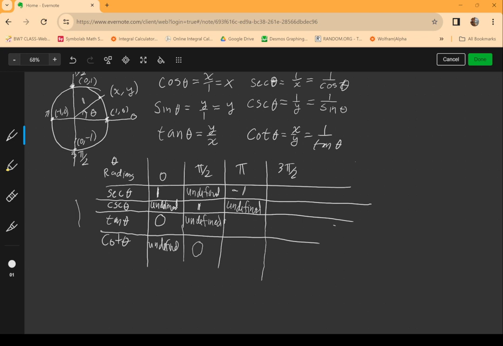The y coordinate is 0, the x coordinate is negative 1. That's a legal operation, that just gives us 0. And for the cotangent of theta, I'm going to take the reciprocal of that. Now we have x over y, so negative 1 over 0. That one is not a valid operation, so we get undefined.